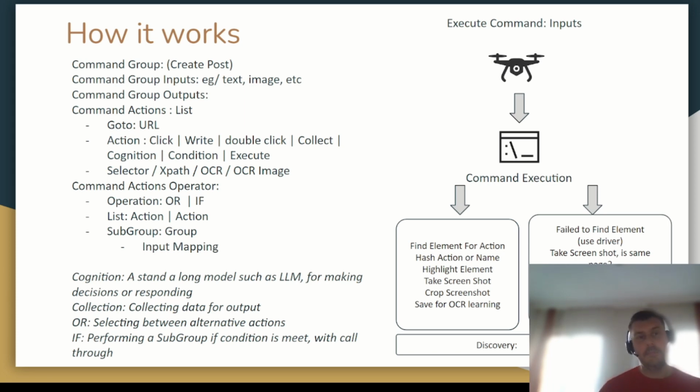So some of the things I put in here was cognition. This would be something like a standalone language model. For example, if we want to use cognition in our data collection, we could essentially ask a question. Let's say we have a profile, it's about HubSpot, and we could say, is this person a HubSpot marketer?